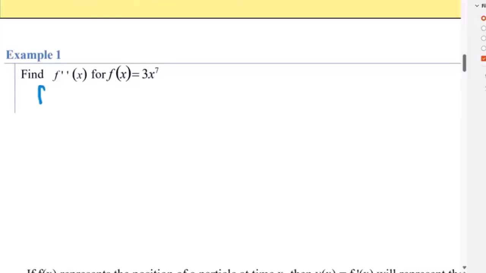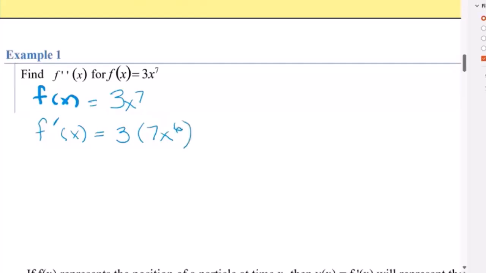Okay, so f of x is equal to 3x to the 7th. The first derivative, which I say f prime, is equal to 3 times 7x to the 7 minus 1, or 6th power. And this is equal to 21x to the 6th.